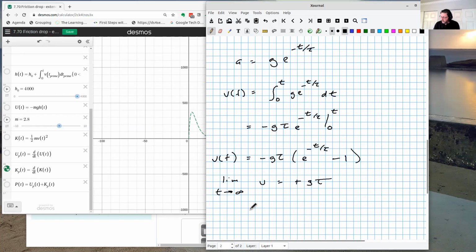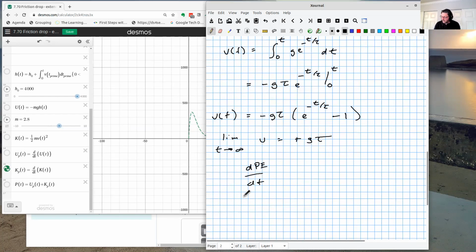So for the second part, the derivative of the potential energy in the limit as t goes to infinity is mg times the height as a function of time, which is mg times g tau. And that is m g squared tau.